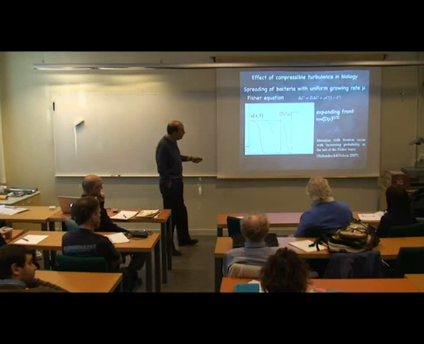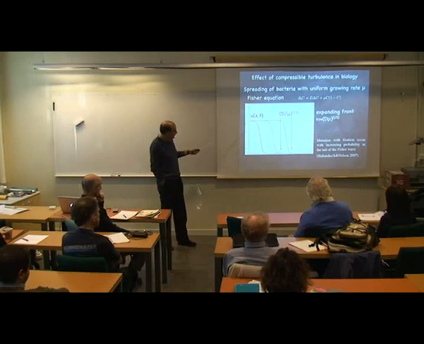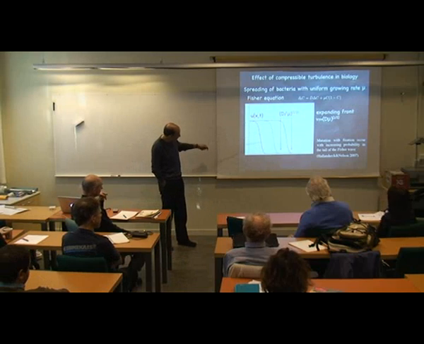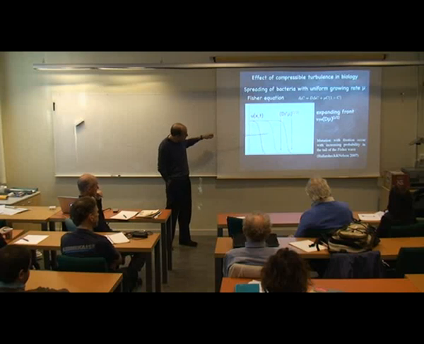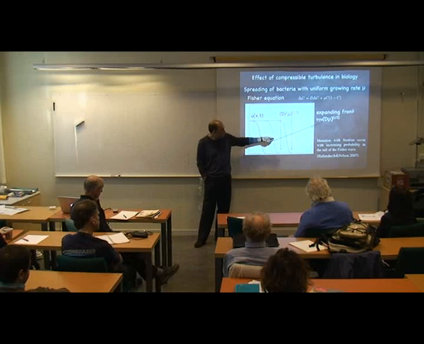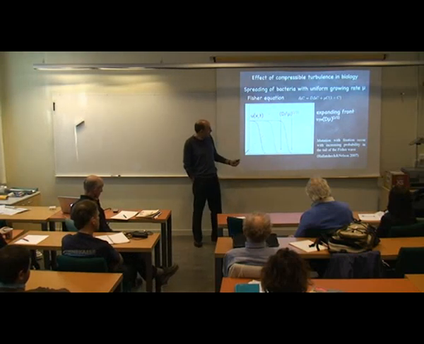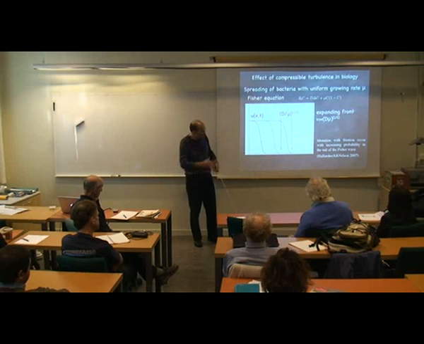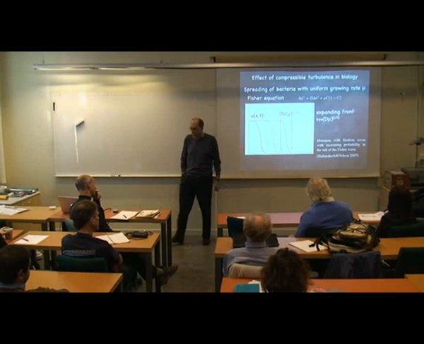Now, this equation can be solved even analytically, at least in 1 dimension. And what you discover is that if you start with a peak in 1 dimension, then you have a nonlinear wave which is propagating with a velocity which is, for dimensional reasons, proportional to the diffusivity and the growth rate, and with a thickness of this wave which, for the same reason, is proportional to the diffusivity divided by the growth rate.